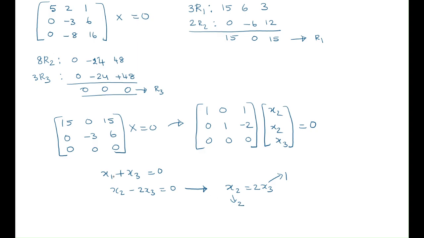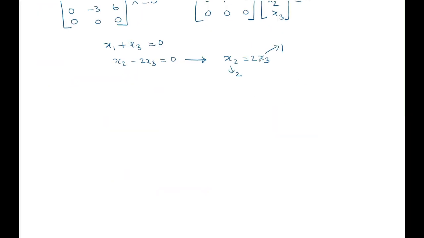Now if I am substituting x2 equal to 2 here, I should get x3's value as, I suppose there is some mistake over here. So from this equation we identified that x3 equal to 1.